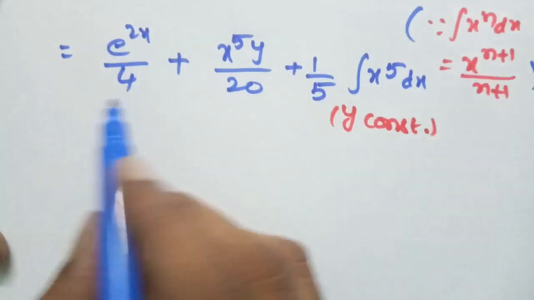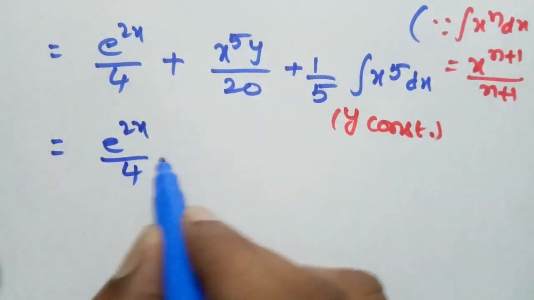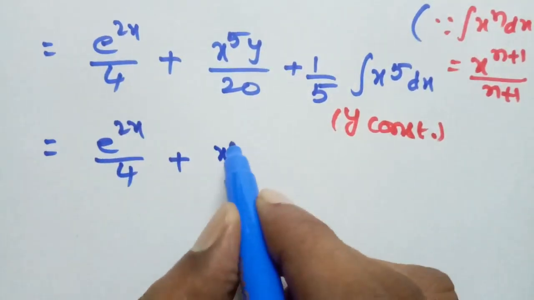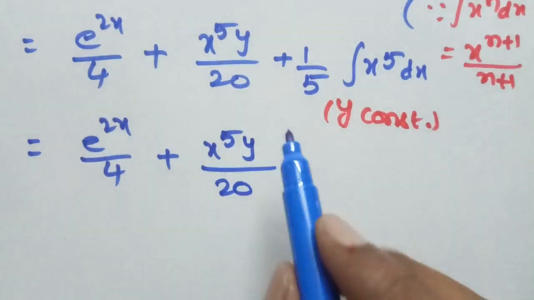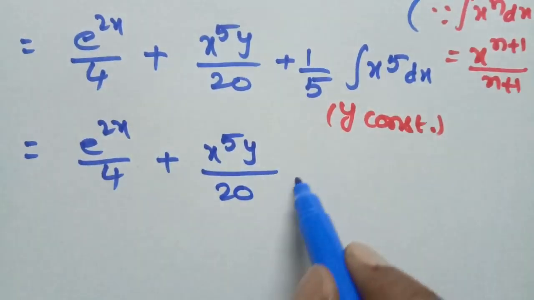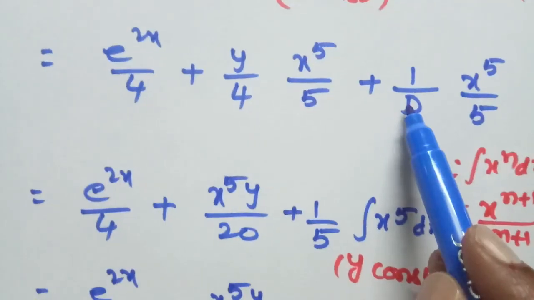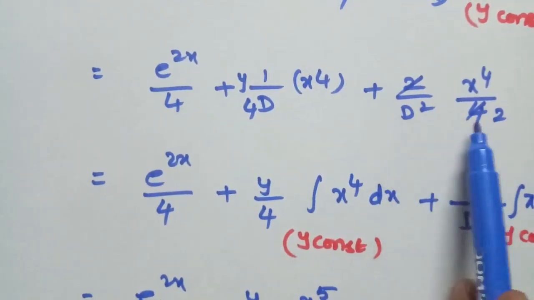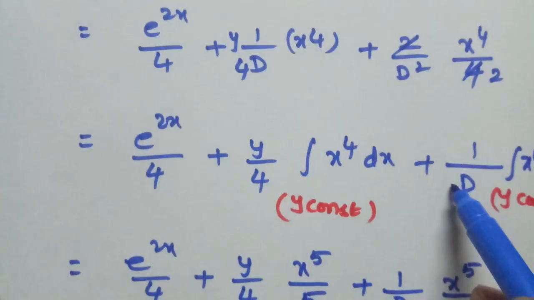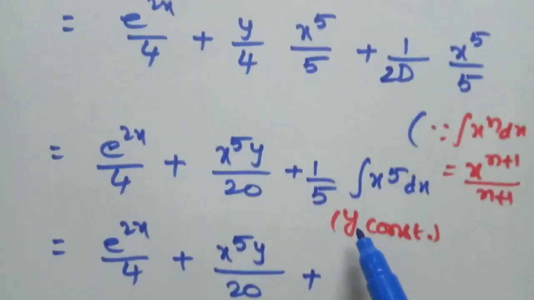Therefore this can be written as e power 2x by 4 plus x power 5 into y by 20 plus, here 2D square, so here we have to write 2D. Here we have to write 2D.